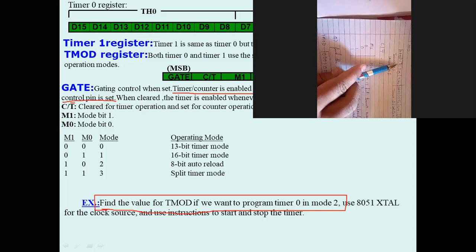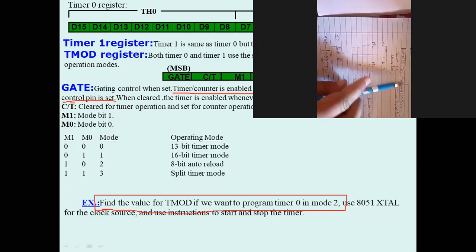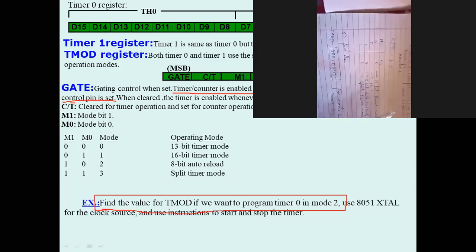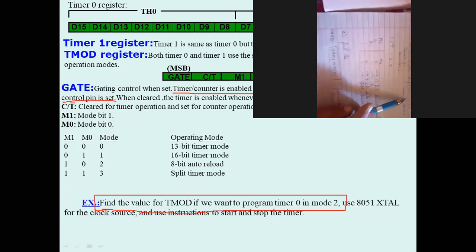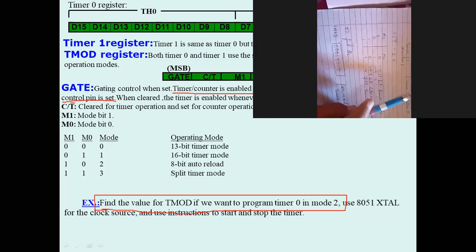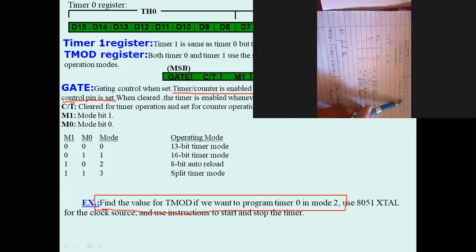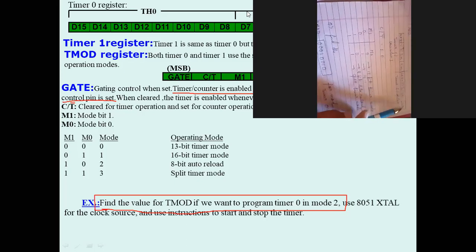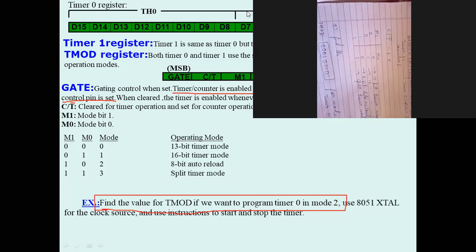C/T1 bar is 0. T1 M1 is also 0. T1 M0 is 1. And GATE 0 is 0. C/T0 bar is also 0. And T0 M1 is 1 and T0 M0 is 0. Okay.